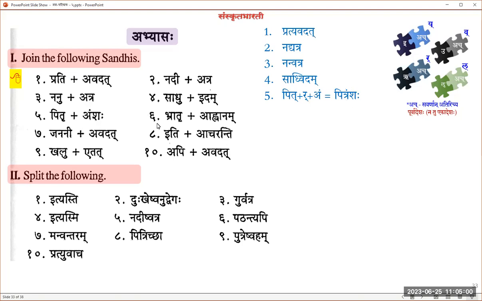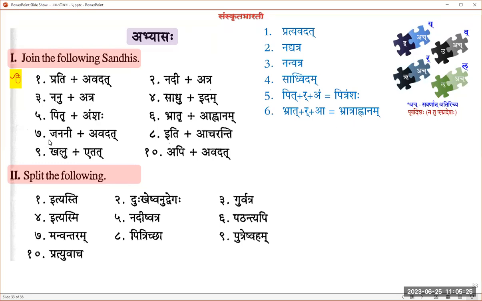Okay. Bhratru ahvanam. Bhratrahvanam. So Dirgha. Tra will become. Okay. Bhratrahvanam. So Ri is replaced by Repa, which in turn joins the a to make tra.